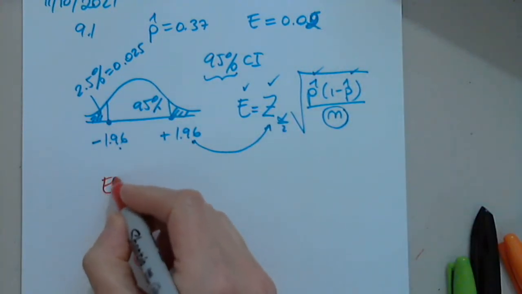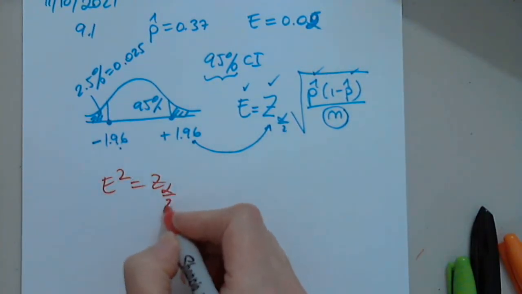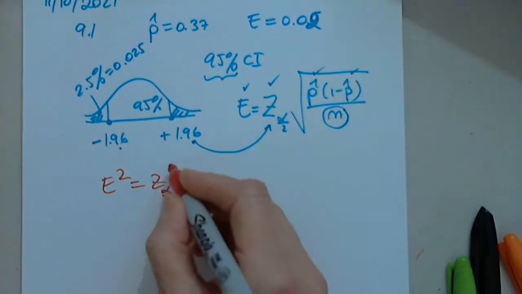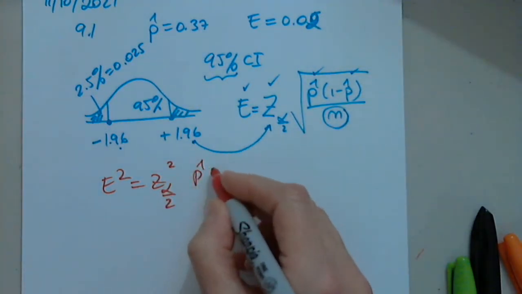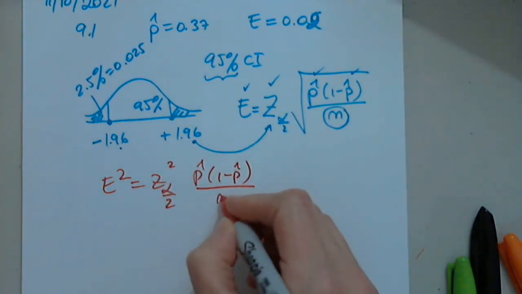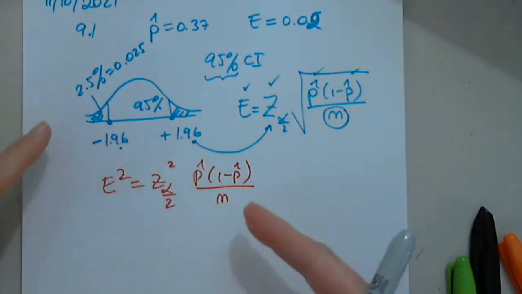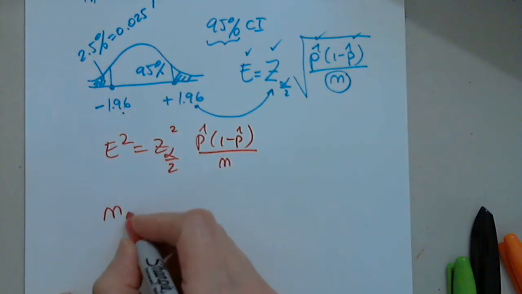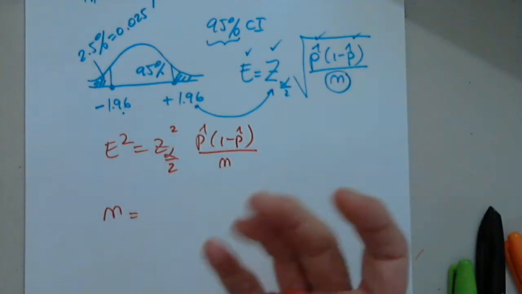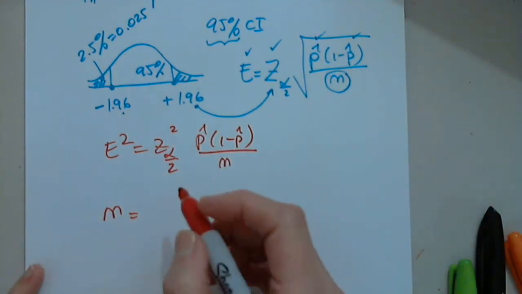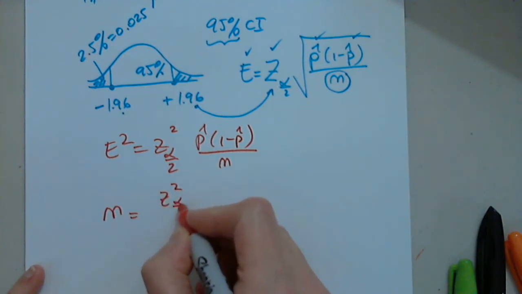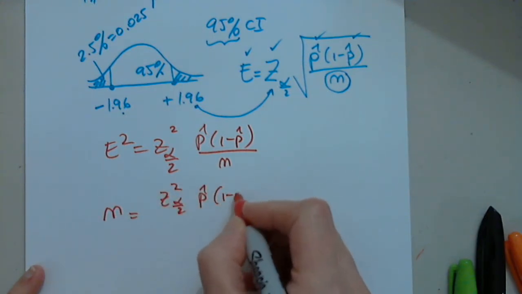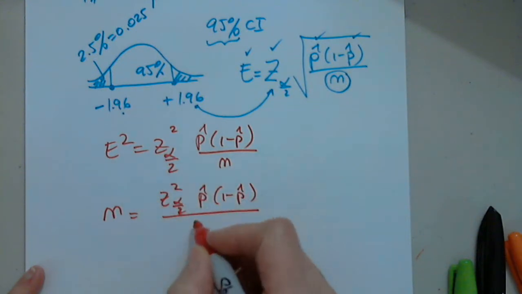Square both sides. E squared equals Z sub alpha over 2 squared, and then we have p hat times 1 minus p hat divided by n. All I have to do is cross multiply. Switch these two places, and that's it. So you just remember the formula from the beginning, or you keep it in your notes. So I have Z squared times p hat times 1 minus p hat divided by E squared.